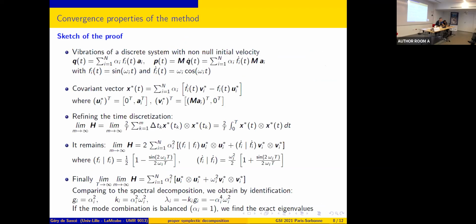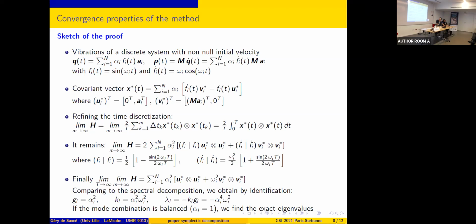It is not possible to give general demonstrations here, but I give a sketch for the particular case where the excitation is an initial velocity. The evolution of the degrees of freedom is a linear combination of harmonic terms containing the eigenmodes.